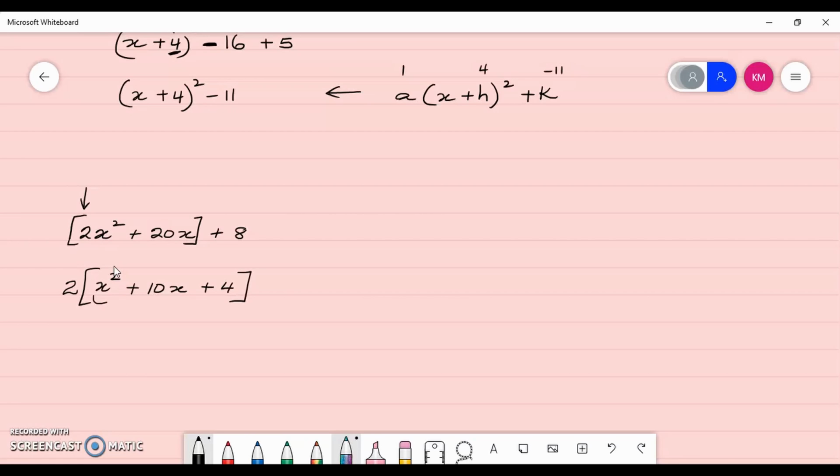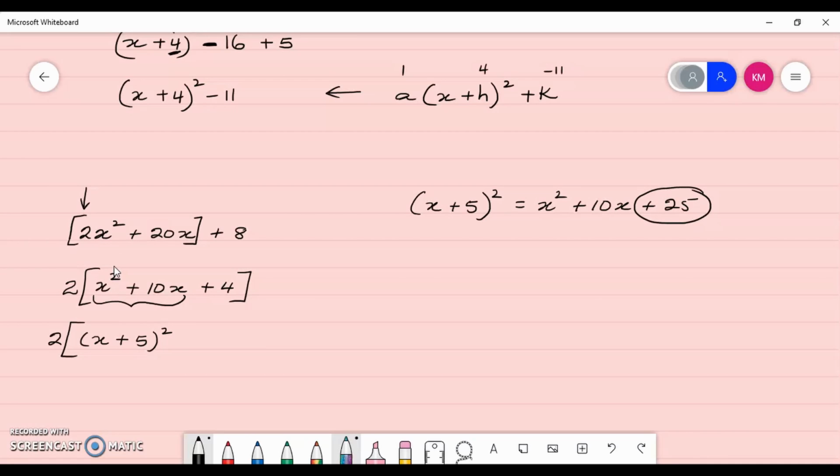Now we can determine our perfect square with this. It's going to be x plus 5 squared. Remember, x plus 5 squared is actually going to give us x squared plus 10x plus 25. And we don't want 25, so we need to take away 25 from it in order to remain with just this part.